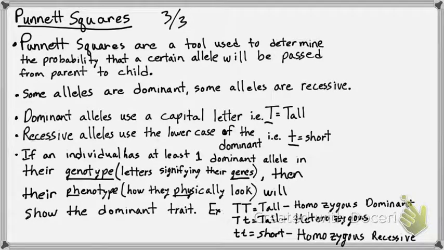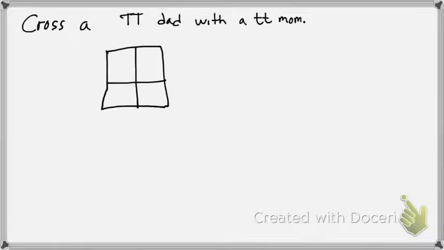All right, now we're going to work a couple Punnett square problems to show you how this works out in practice. So here's how a problem would look. It would say cross a, we'll call it homozygous dominant dad with a homozygous recessive mom. So big T dad with little t mom.